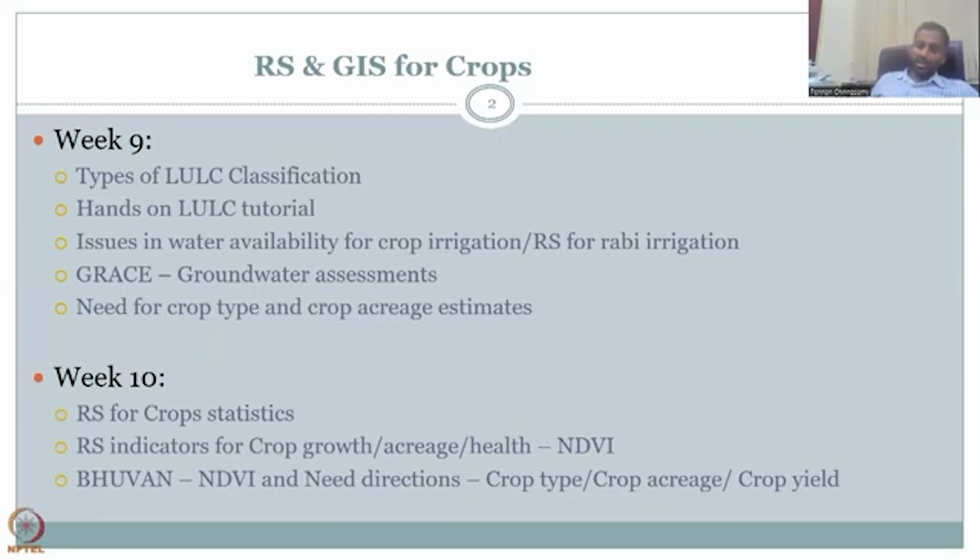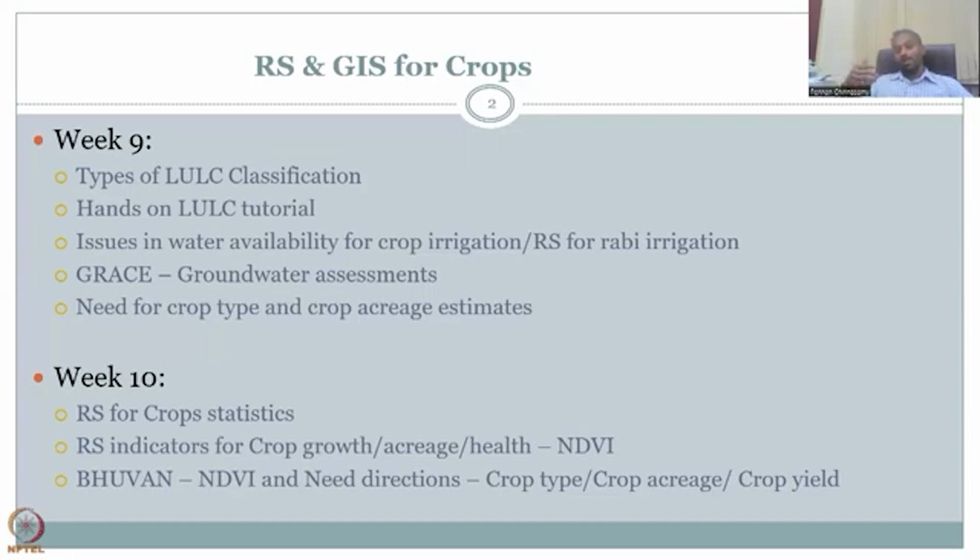One such indicator is the NDVI indicator, which we will focus on a lot in this class. It's very easy to estimate, and more importantly, now you have ready-made products for NDVI. When I was in school, I would normally download the data, do the subtractions, and estimate it. But now almost 3-4 platforms have ready-made NDVI data.